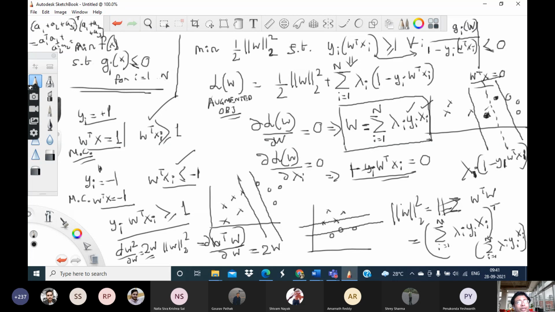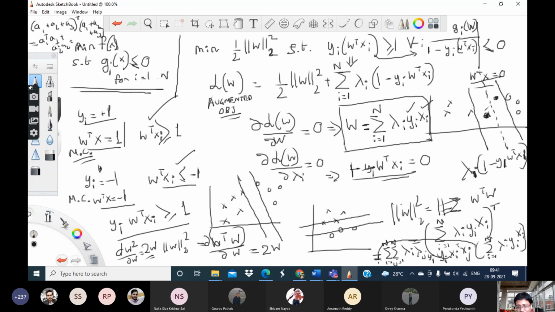So it's just like doing (a plus b plus c) whole square. In this case also we do the same thing, and the expression we get I can write as a double summation, i equal to 1 through n, j equal to 1 through n, of lambda i lambda j yi yj xi transpose xj.